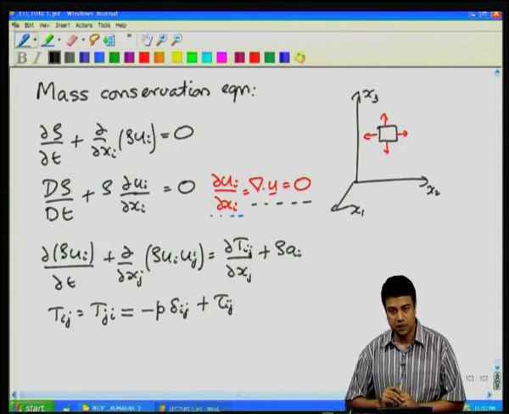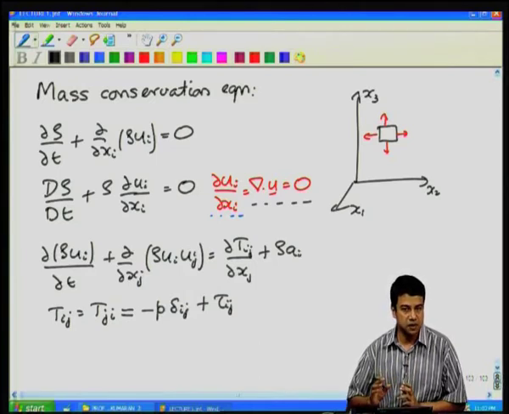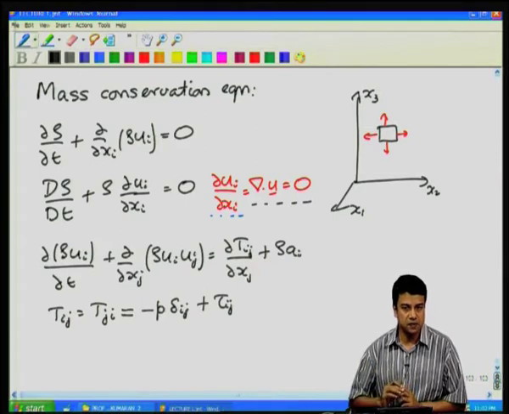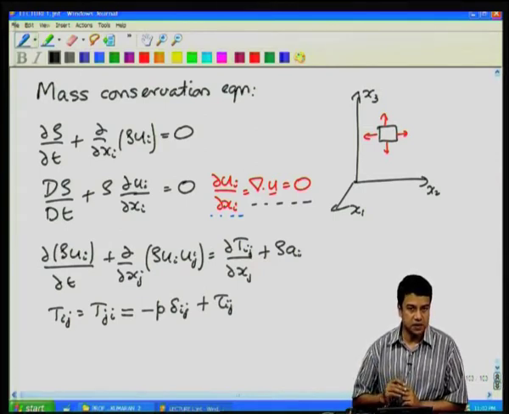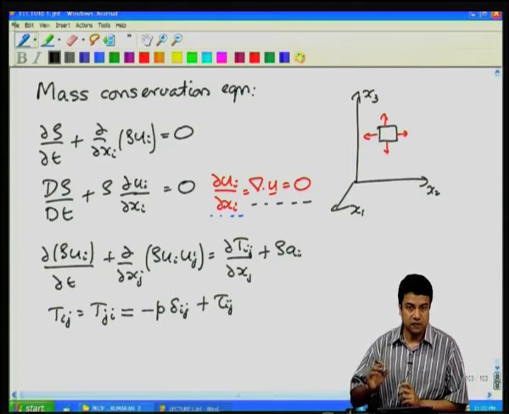Now, if it is a linear function of the velocity gradient, you know that the velocity gradient, the rate of deformation tensor, can be separated out into symmetric traceless, isotropic and antisymmetric. This tau ij is symmetric traceless, it is only a function of the velocity gradient and it is linear. It has to be a linear function of the velocity gradient, not a quadratic function.